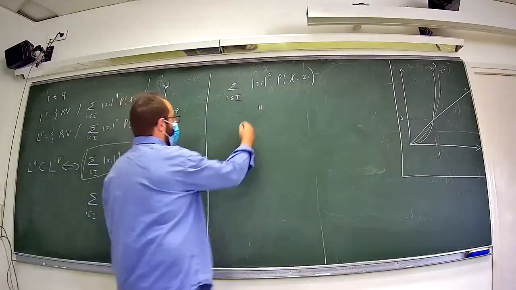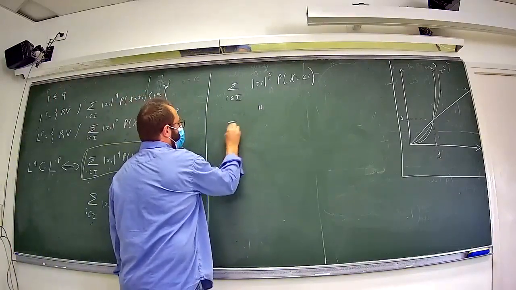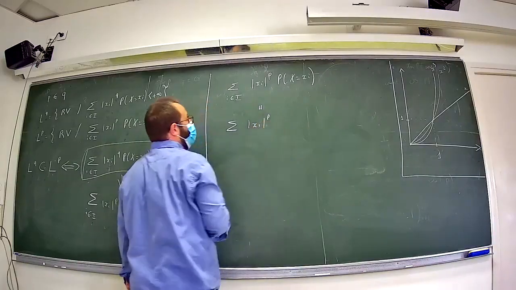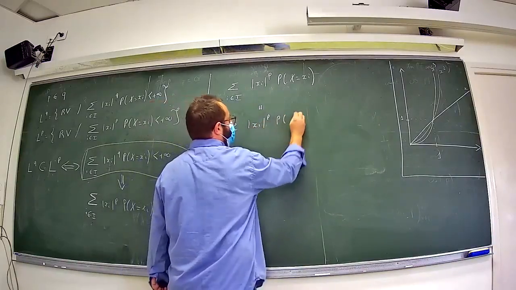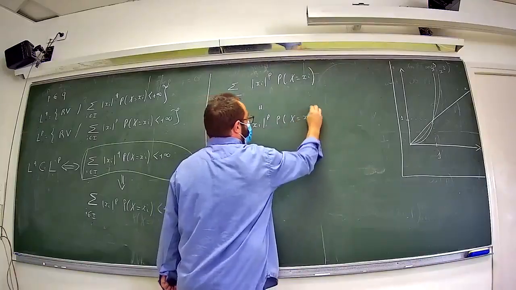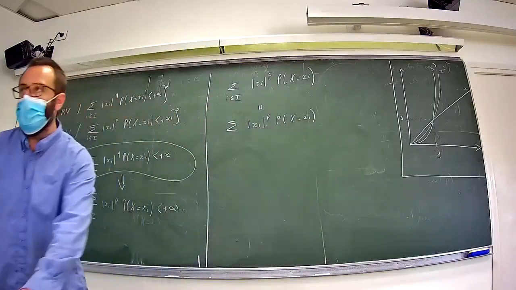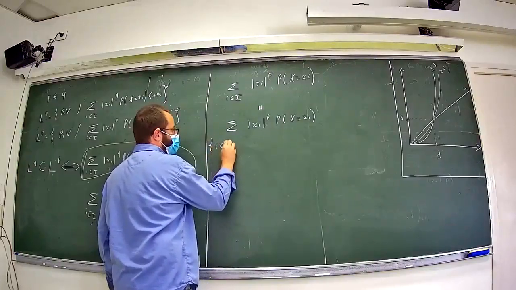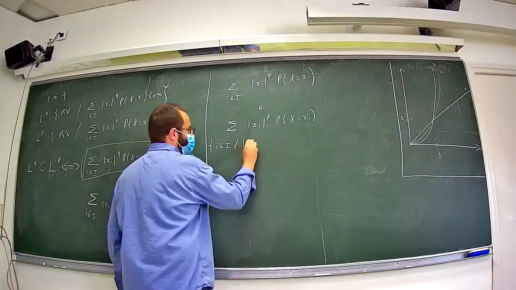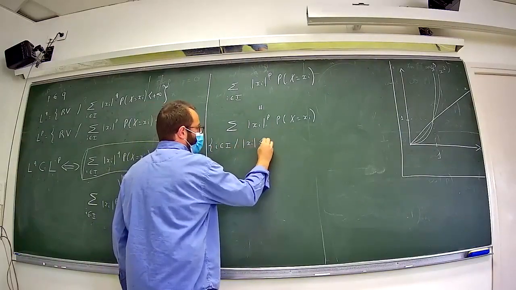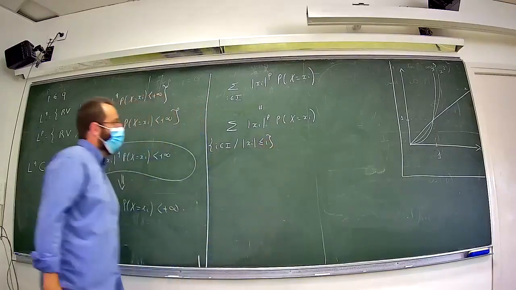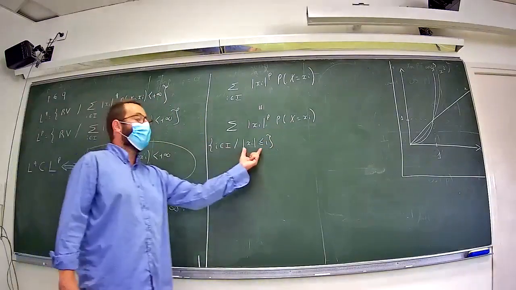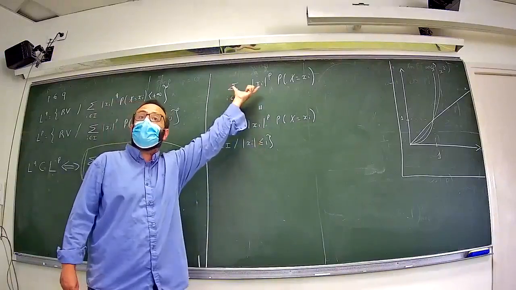So it's the sum of |xi| to the power p, probability that x is equal to xi, but I will do the sum only on the set of the i belonging to capital I, such that the absolute value of xi is less than 1. Okay, I consider the sum only for the ones that are less, but if I do this, I miss some terms.